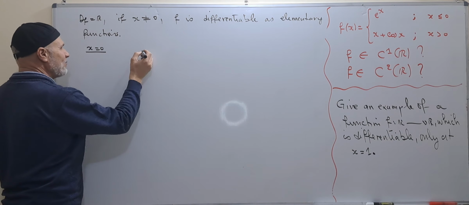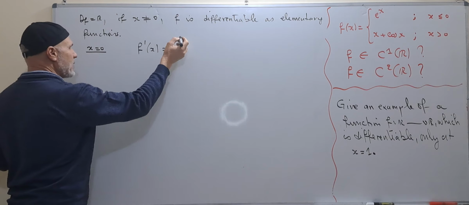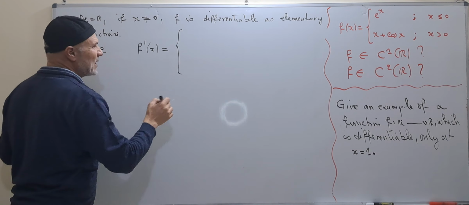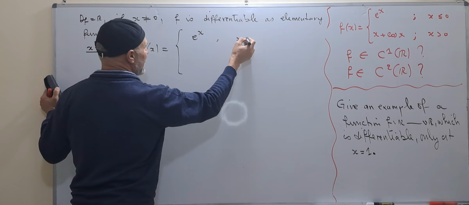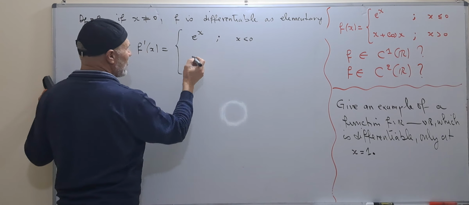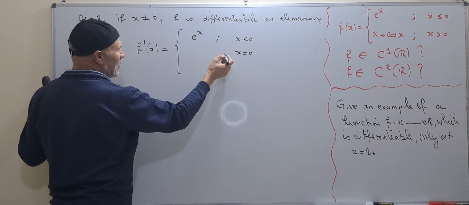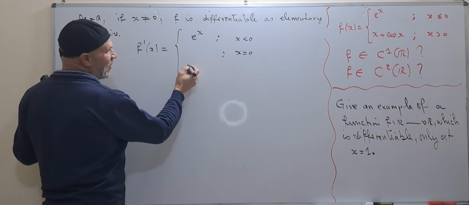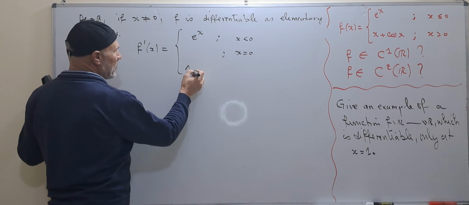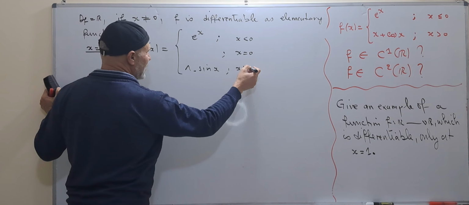F prime is equal to exponential x when x is strictly less than 0. It is equal to something when x equal to 0, we will find it later. And it is equal to 1 minus sine x when x is greater than 0.